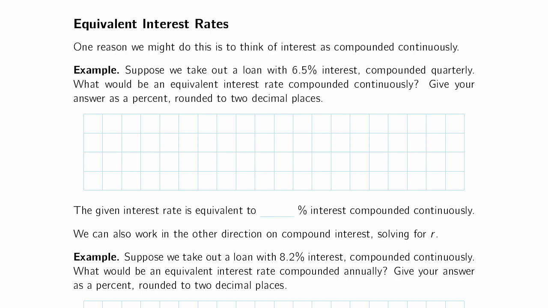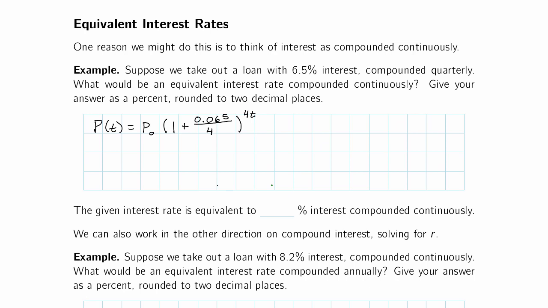suppose we take out a loan with 6.5% interest compounded quarterly. Then our principal at time t is however much the loan was times 1 plus 0.065 divided by, quarterly means 4 times a year, so n is 4, to the 4t.